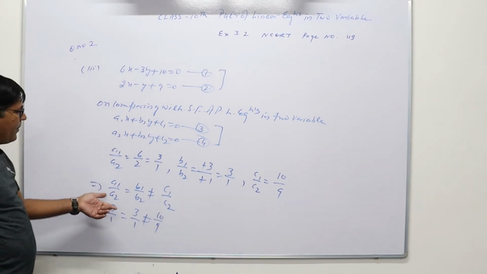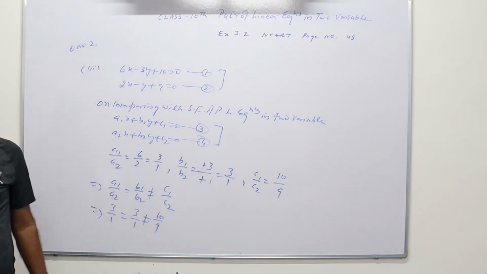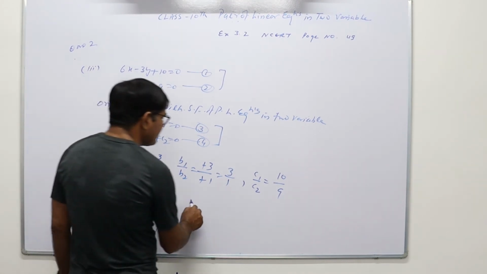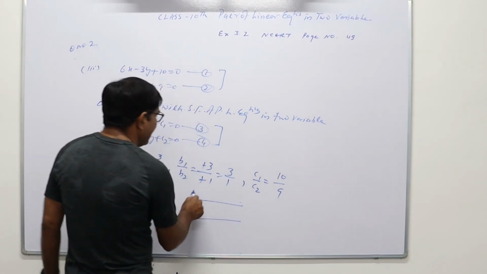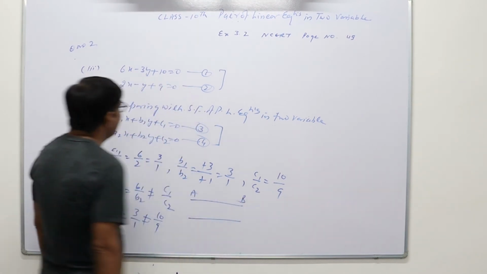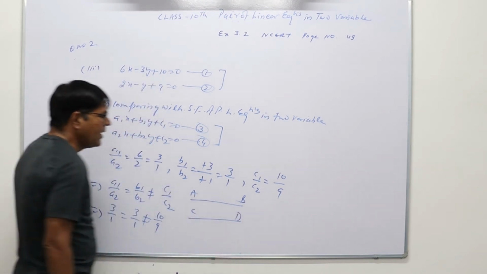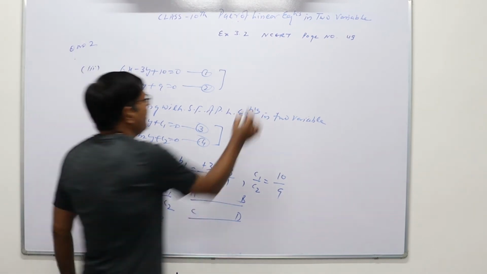So when a1 upon a2 is equal to b1 upon b2 is not equal to c1 upon c2, then if we draw the graph of these two lines, the lines will be in this situation. Let this be the graph of the first equation and this the graph of the second equation. So the lines will be parallel.